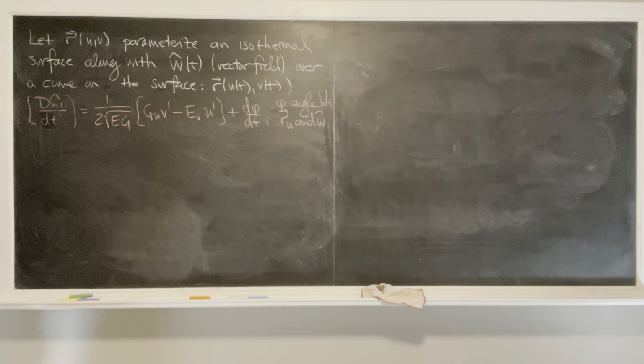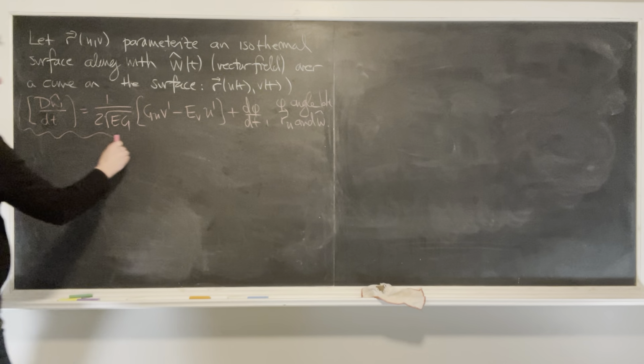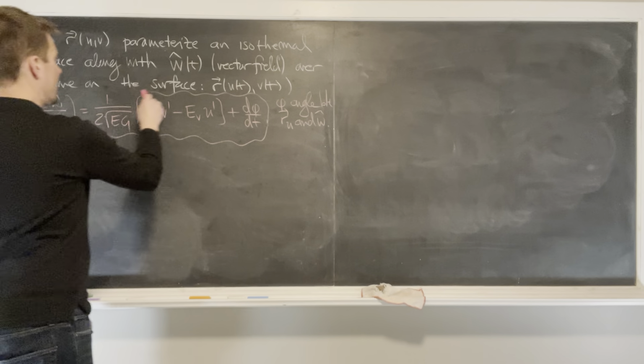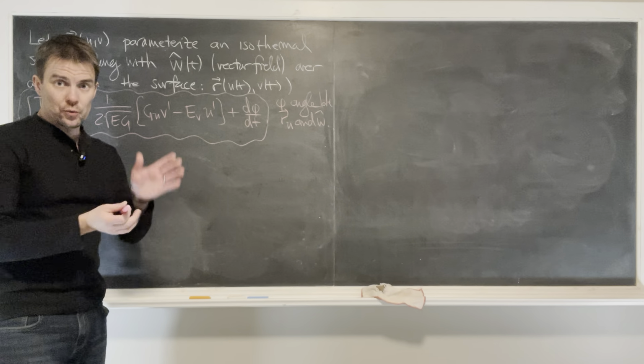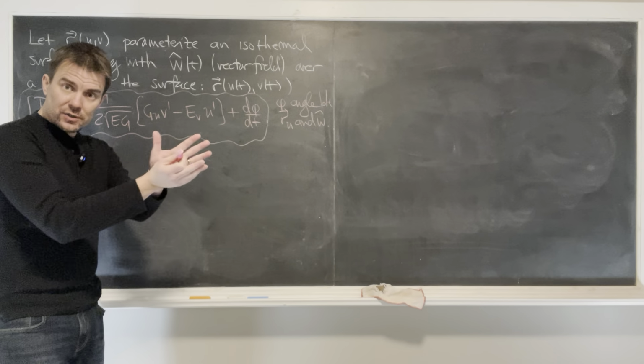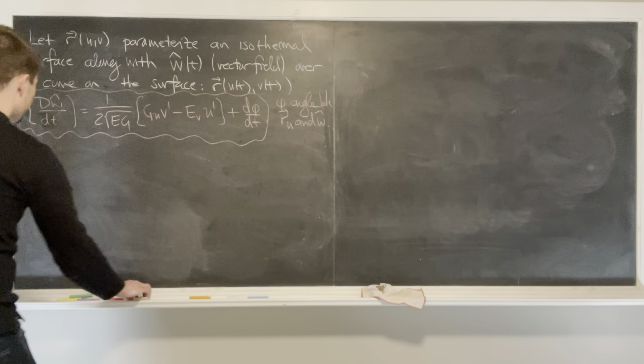Okay? So this is a beautiful lemma that relates the algebraic value of the covariant derivative of a unit vector field to the angle between one of the basis vectors in the tangent space. Okay? So how do we prove this?